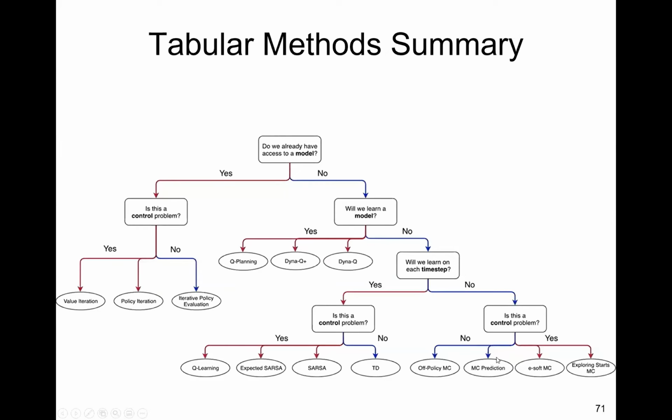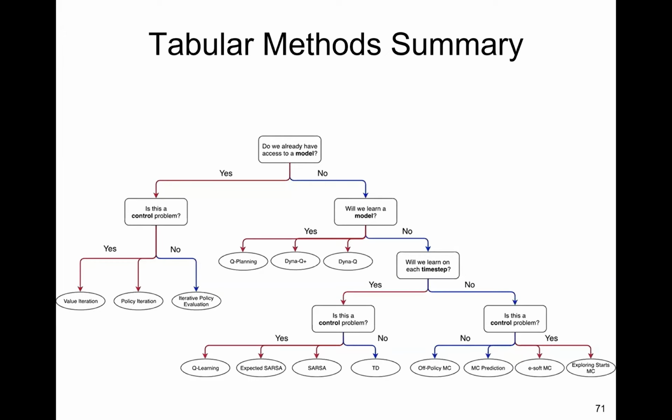Monte Carlo can either do evaluation only or do control to improve the policy. Or if we want to learn per time step, then we use Sarsa or TD or Q learning.